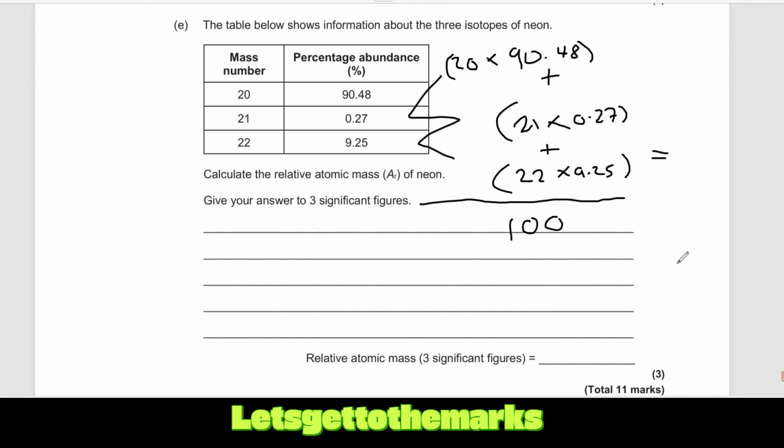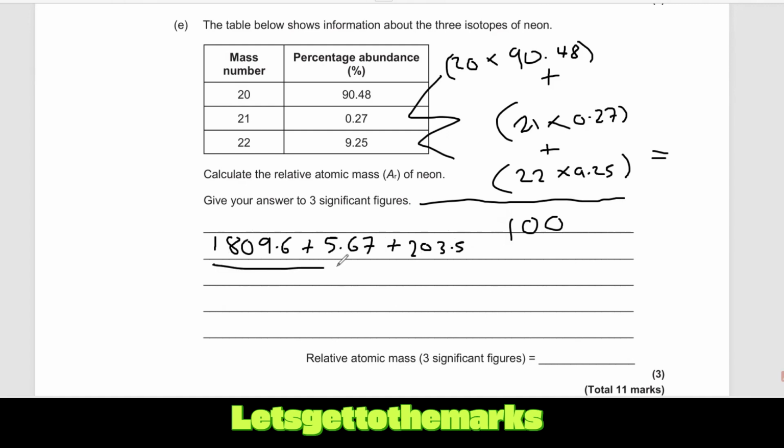So let's go 20 times 90.48. You should get 1,809.6. And I'm going to add that to 21 times 0.27, and I get 5.67. And then I want to add that to 22 times 9.25, and I get 203.5.